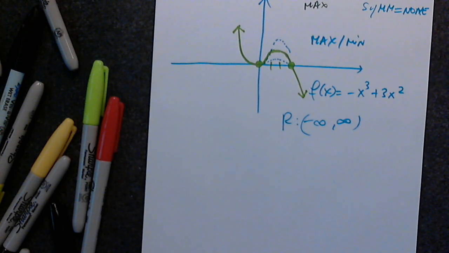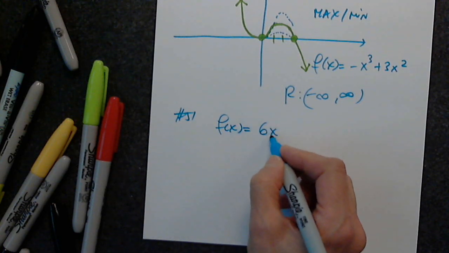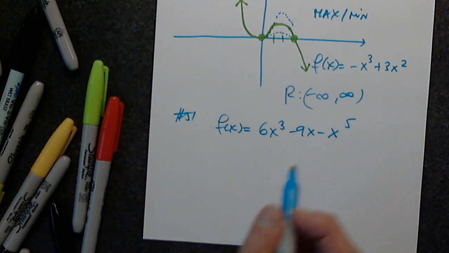Okay, I did. Here it is, 51. Same page. F of x equals 6x cubed minus 9x minus x to the 5th.